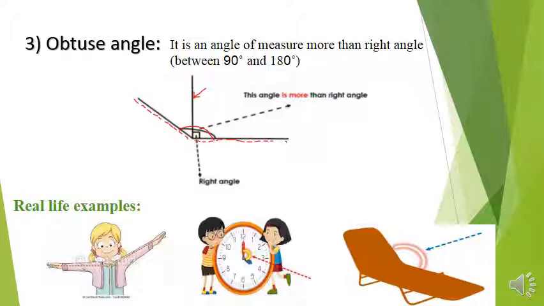Obtuse angle, its measure is greater than 90 degrees, but it's less than 180 degrees. Right angle is 90. It's greater than the right angle, so it's greater than 90 degrees. It's called an obtuse angle. Okay, these are examples of obtuse angles.